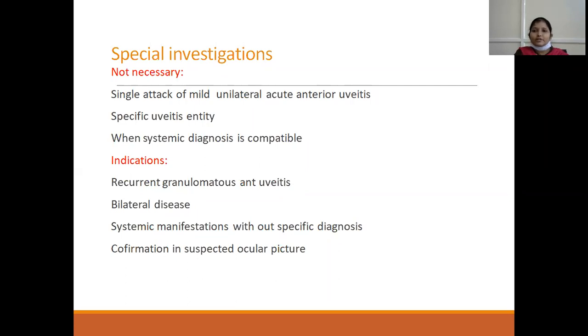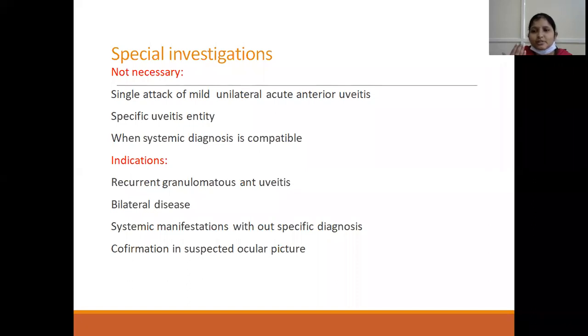As I have already mentioned, in more than 25% of the cases, it is idiopathic and non-specific. So when it is a first attack and it is mild and unilateral, we need not investigate that case. Or we can see a specific uveitis entity, like VKH syndrome.